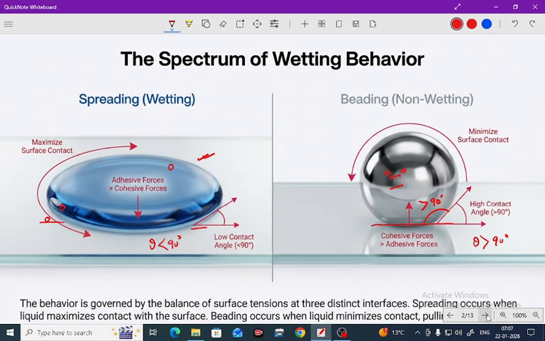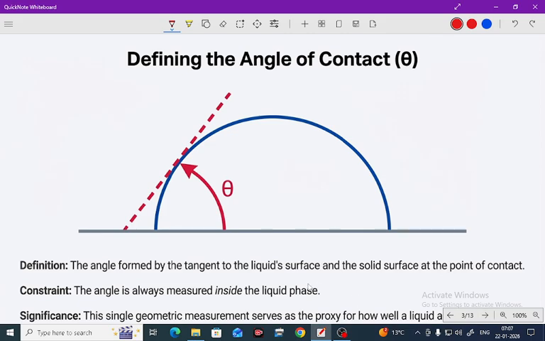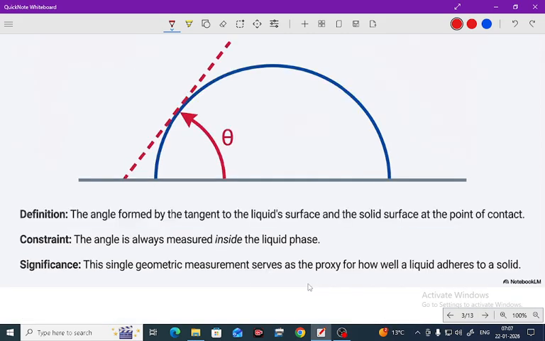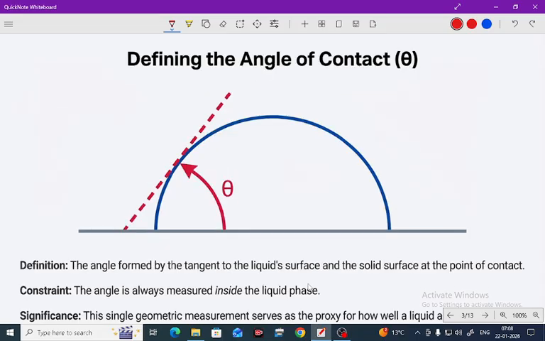And the next important thing is defining the angle of contact. What is the angle of contact? Actually, the angle of contact is defined in this way: the angle formed by the tangent to the liquid surface and the solid surface at the point of contact. The angle is always measured inside the liquid phase.